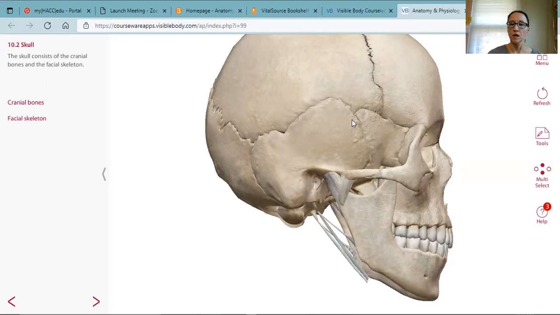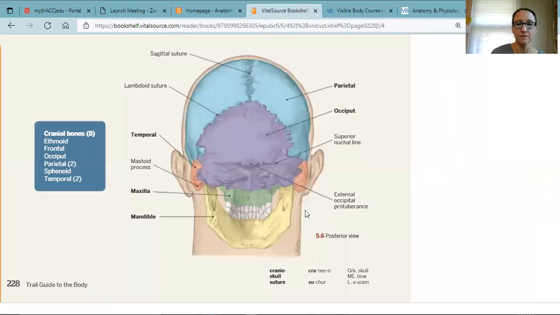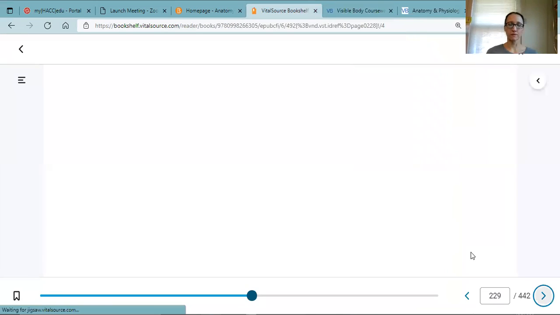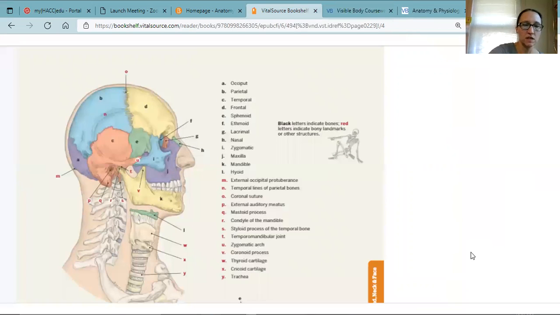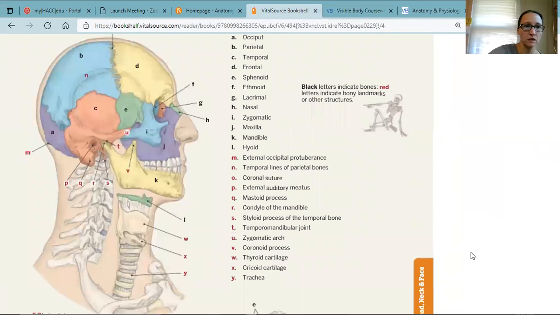Okay. And the temporal bone itself has some really nice landmarks. So we'll get to those in just a moment, but you can see one of them is right here and one of them is right there. Oops, wrong one, sorry. Okay. So if we turn the page, we're on page 229. Now we can see the temporal bone very nicely.